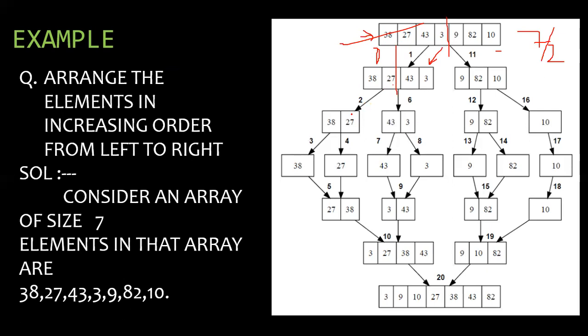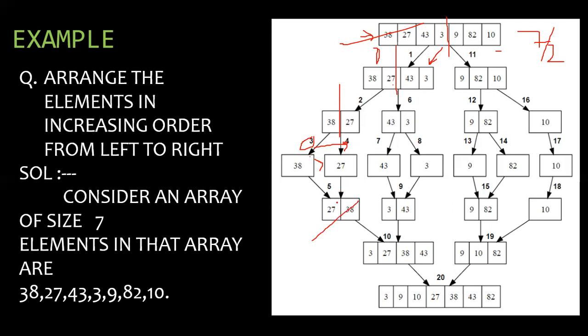We'll solve this first, and then again we'll divide these two, and we'll solve these. After solving this, we'll go here, and we see 38 is greater than 27. Therefore 38 will be after 27, and 27 will be at the 0th position in this array.